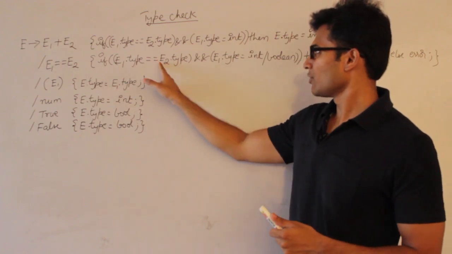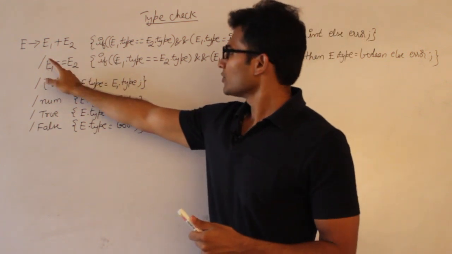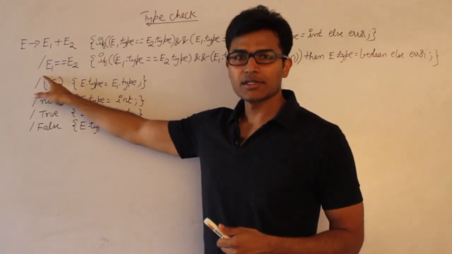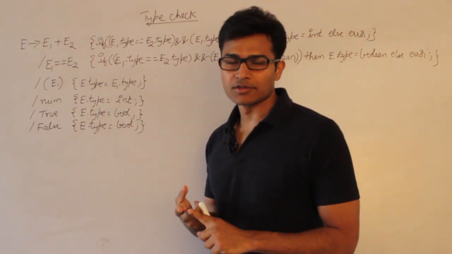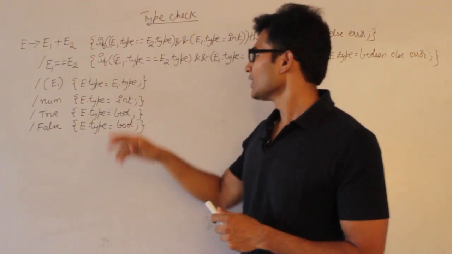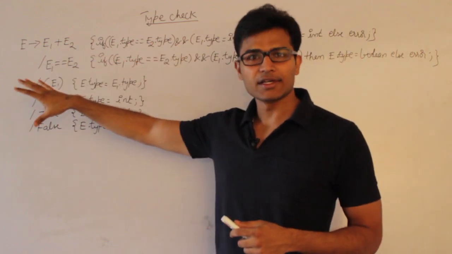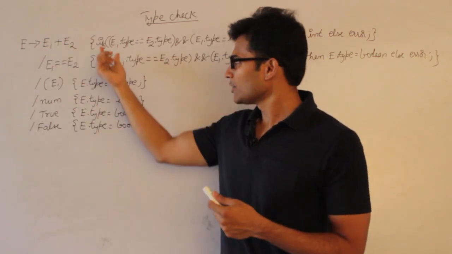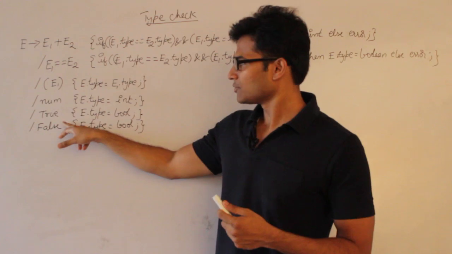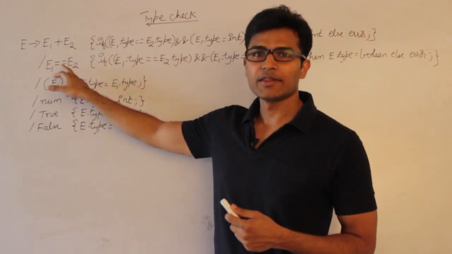E1.type should be equal to E2.type, and both of them should be either integer or boolean. We can either compare integer values or boolean values. We cannot compare any other values, right? In other grammars we can even compare characters, but in this grammar we have only two types. One is boolean and the other is integer. So both should be boolean or both should be integer, right?